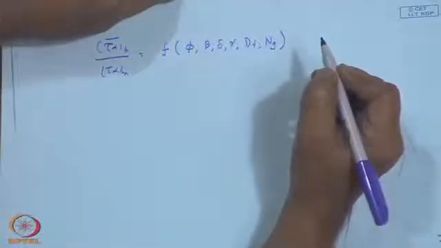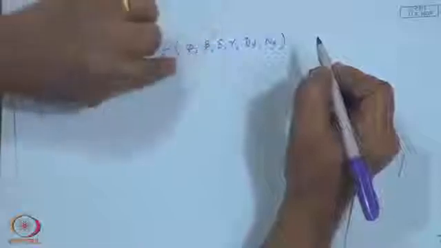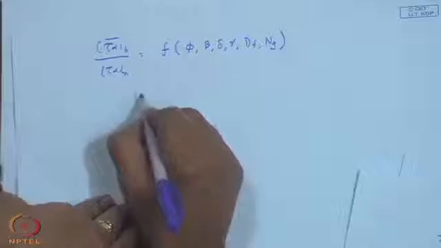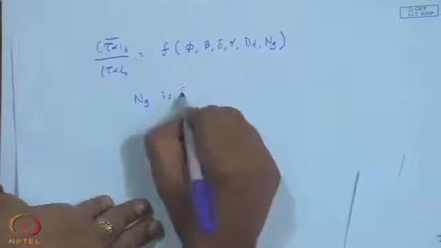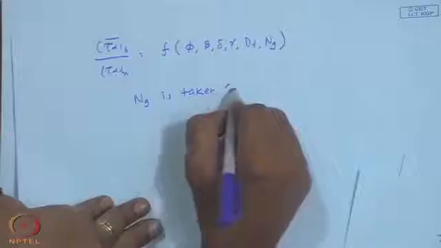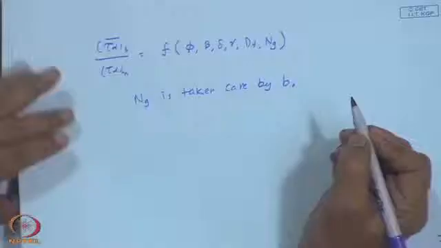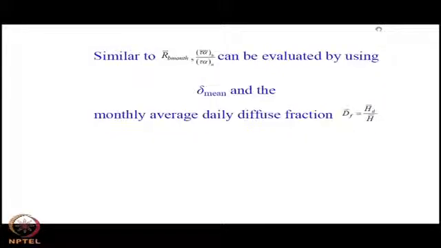So, df is the diffuse fraction, which will take into account the climate, and ng is the number of glass covers. B 0 is the incidence angle modifier coefficient, which we may use as minus 0.1 or minus 0.17, depending upon whether it is 1 glass cover or 2 glass covers. So, this is what we have.